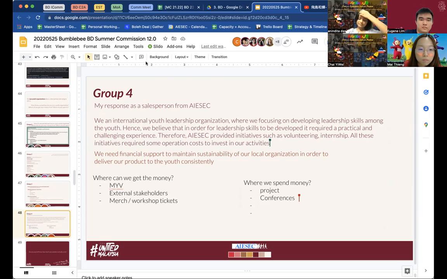We need to maintain the sustainability of our local organization so that we can consistently organize these kinds of activities for the youth, in order to build leadership. Next we need to explain where we can get the money. The first is the Malaysia Youth Volunteer Fee, and also external stakeholders. And the next thing is where we spend the money, because they will not just give us the money, they are really giving us the money, so we need to talk about where we spend it. I think that's all for me.